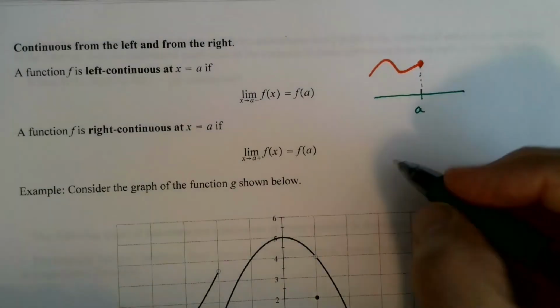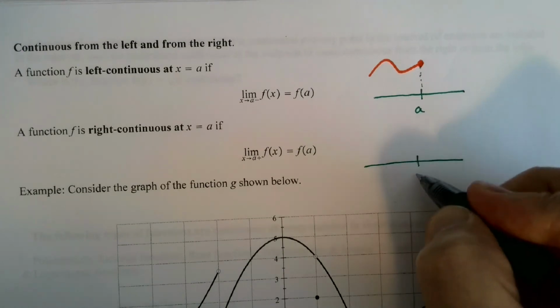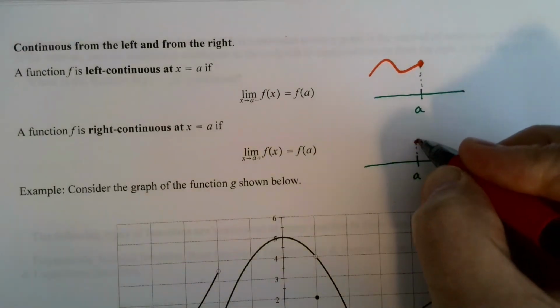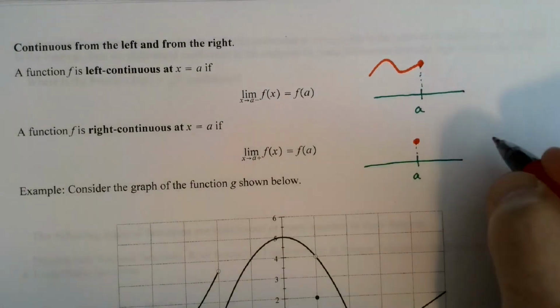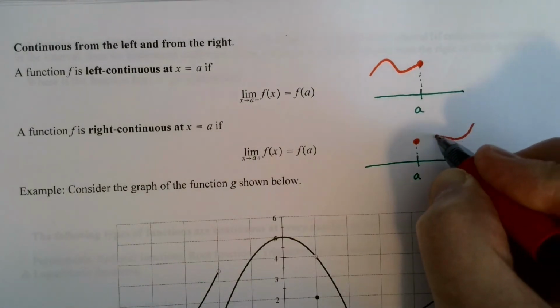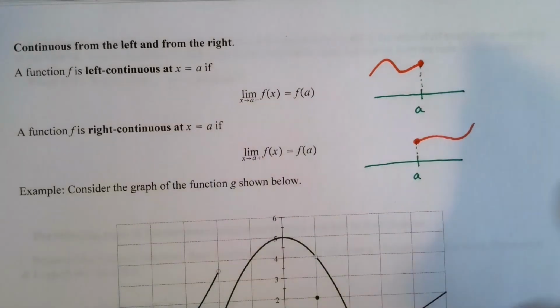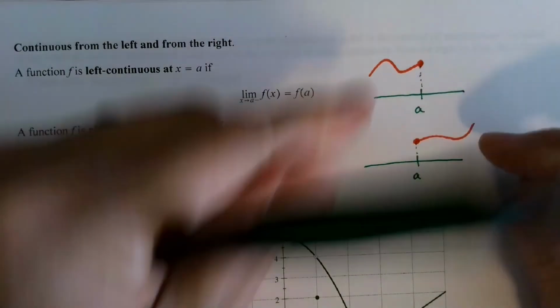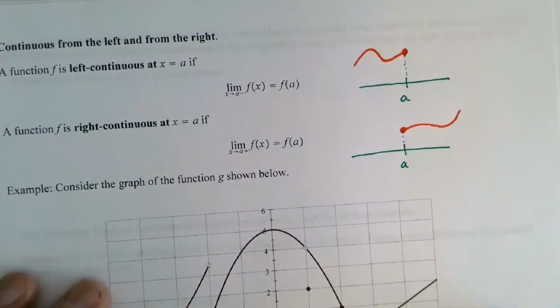Well, similarly, we have right continuous. In that case, what are we looking for? There, again, f of a is defined, but the limit from the right, as we approach from the right side, is going to go right to that point. So here's continuous from left, continuous from right. Obviously, if we put these together, merge them together, what do we have? We have continuous.